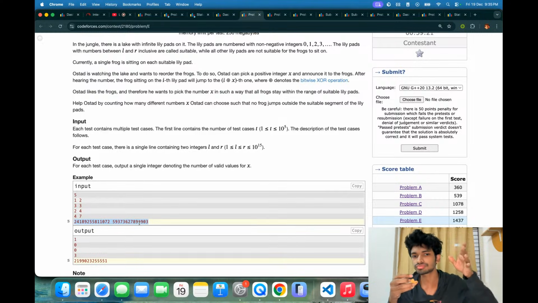Under that X, all of them form a permutation. Okay, I can see that there can be more.